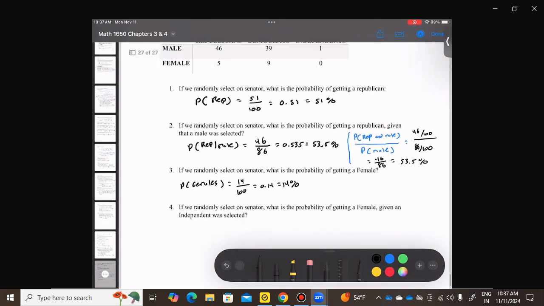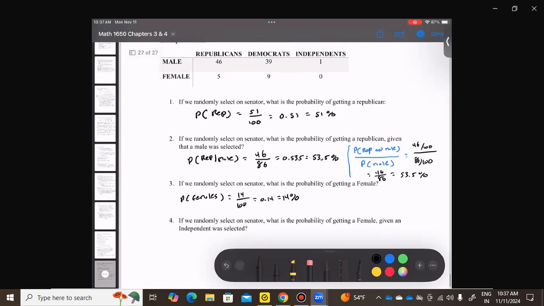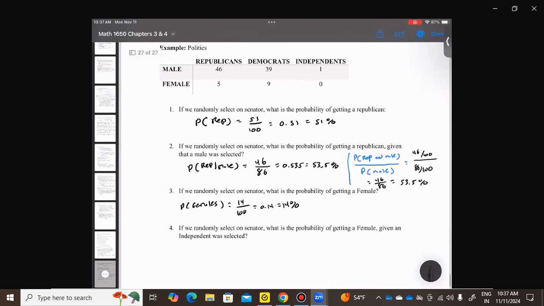If we randomly select one senator, what is the probability of getting a female given an independent was selected? So the probability of a female given an independent. Well, we have independent as the given, so we're just going to look at those values, and there are 0 females out of 1 independent, so it's 0%.